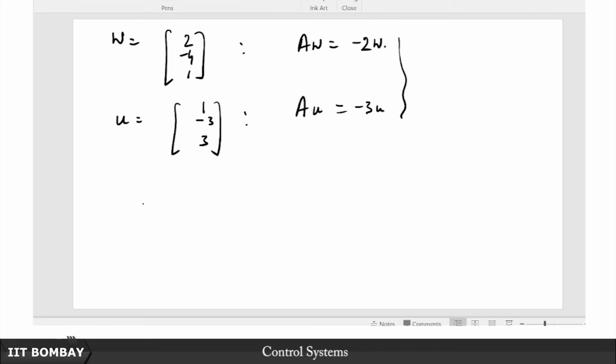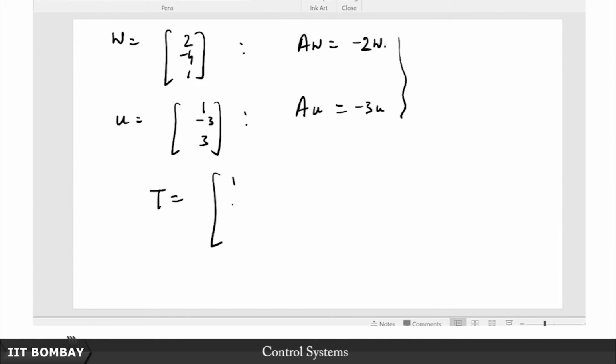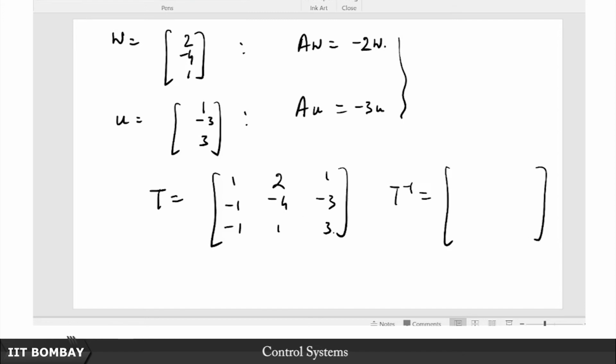In that case my T matrix turns out to be nothing but, I put them on the columns, so I get 1, minus 1, minus 1, 2, minus 4, 1, 1, minus 3, 3. Immediately I can see that T inverse will exist because this determinant will not vanish, you can check.